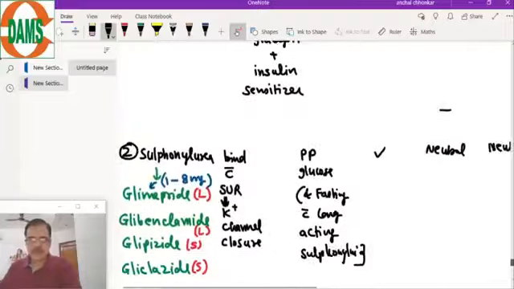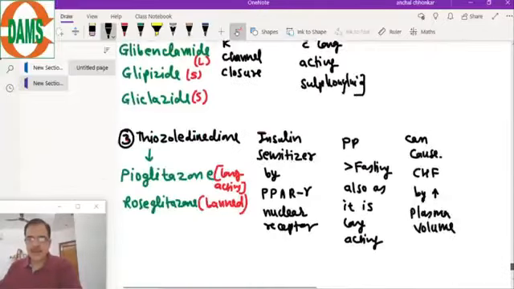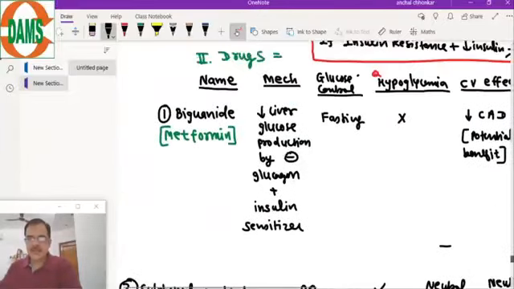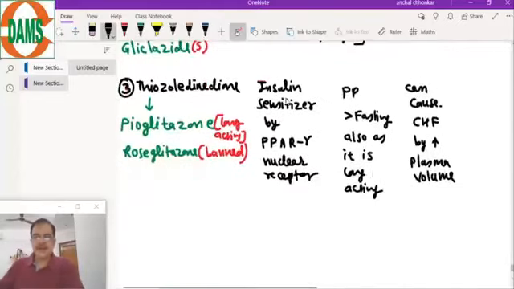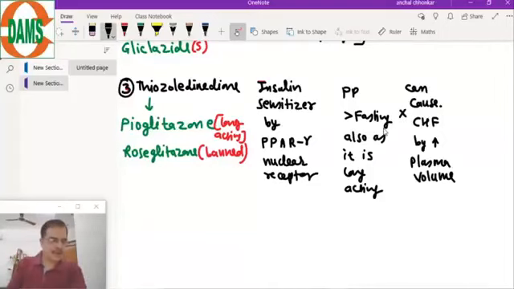Now the hypoglycemia point. These drugs alone will not cause hypoglycemia. There is no hypoglycemia risk with these agents. Cardiovascular benefit: it can cause CHF. Now the renal effect: it is neutral.